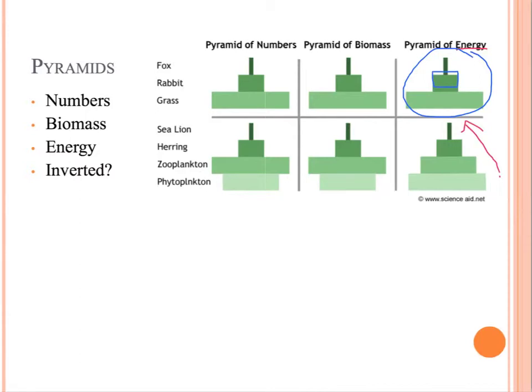When we're dealing with the biomass and the numbers, we can sometimes see that we have a narrow base. The ones at the base here are going to be slightly narrower for a couple of reasons. It doesn't always happen.